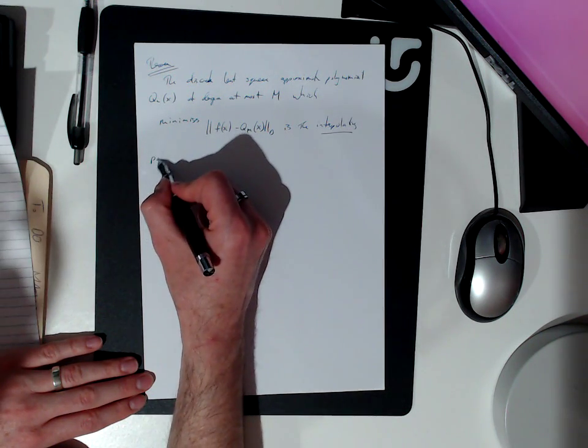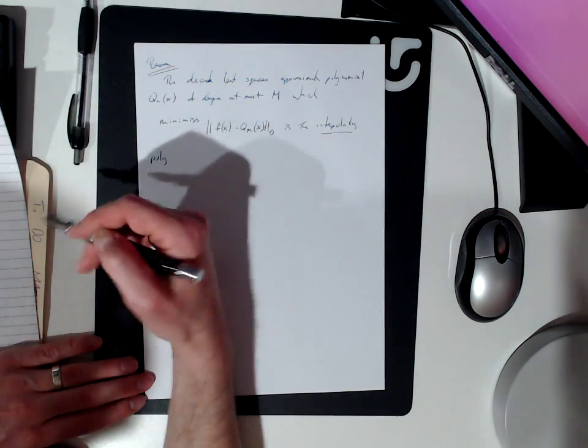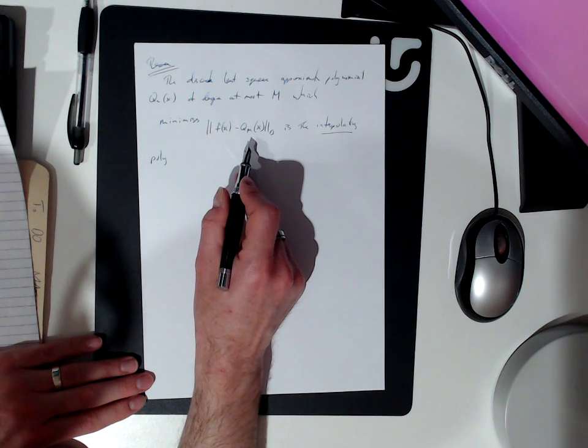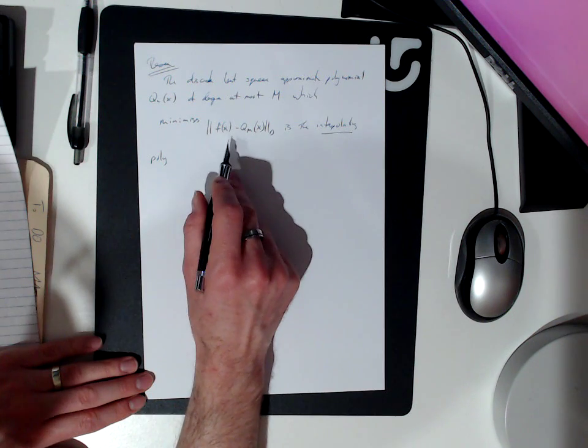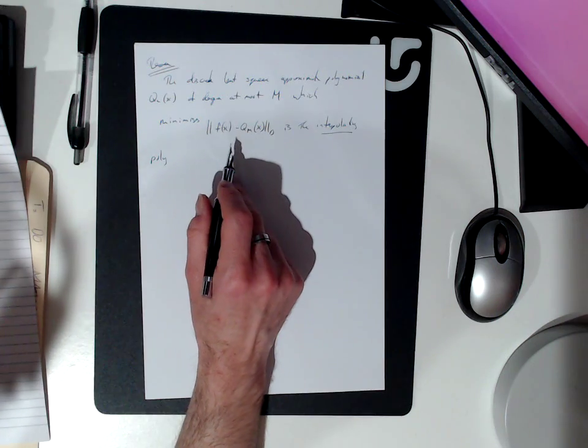There's no reason for it to be. Well, I mean, there is in this particular case, but what I should say, there's no a priori reason why the function that minimizes the discrete norm should be the interpolating polynomial. I mean, really there is, because the discrete norm is just the sum of the function value at the point. So if you want the discrete norm to be smallest, then you want the values at those points to be smallest.